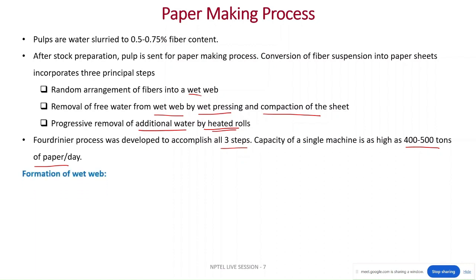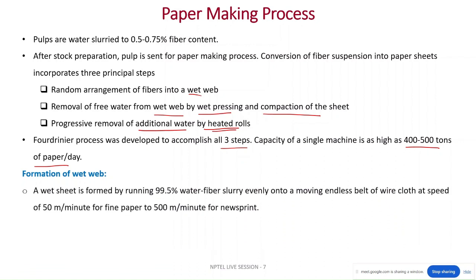Now we will discuss one by one each step of the paper making process. First one is the formation of the wet web. So, when the pulp is introduced onto the screen, a wet sheet is formed by running 99.5% water fiber slurry evenly onto the moving endless belt of wire cloth at a speed of 50 meters per minute for fine paper to 500 meters per minute for newspaper.